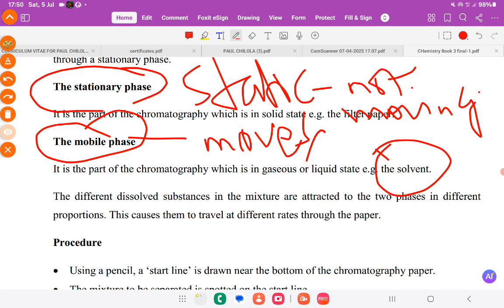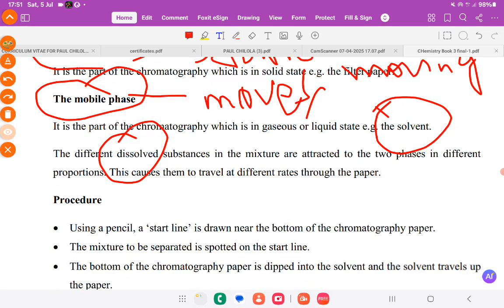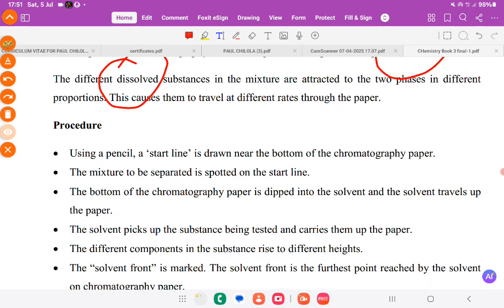Right, so the different dissolved substances in a mixture are attracted to the two phases in different proportions, which causes them to travel at different rates through the paper. So they may ask you to describe an experiment that would be done to show that a particular substance is made up of different colors.